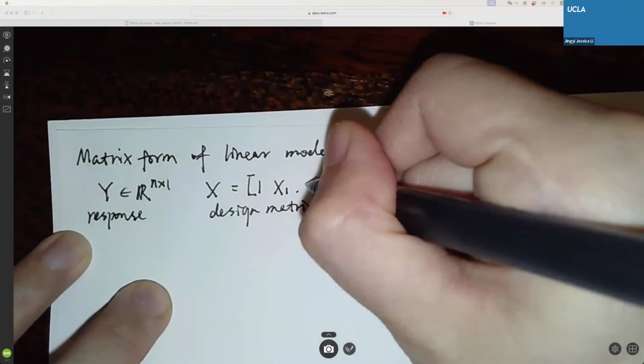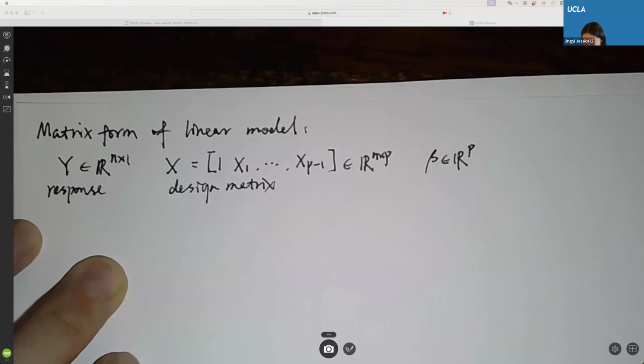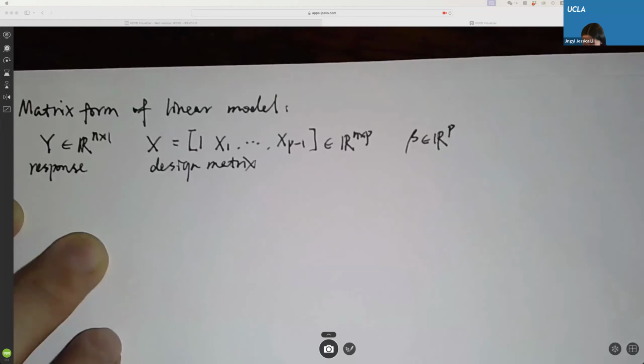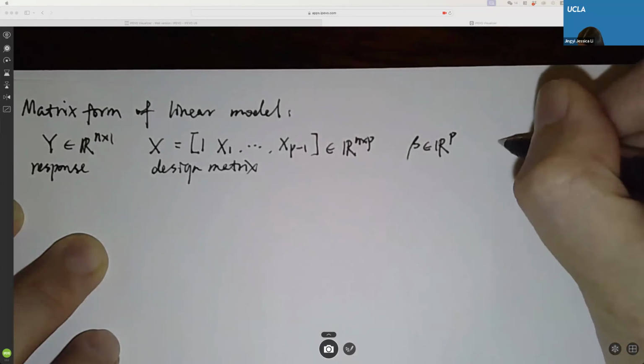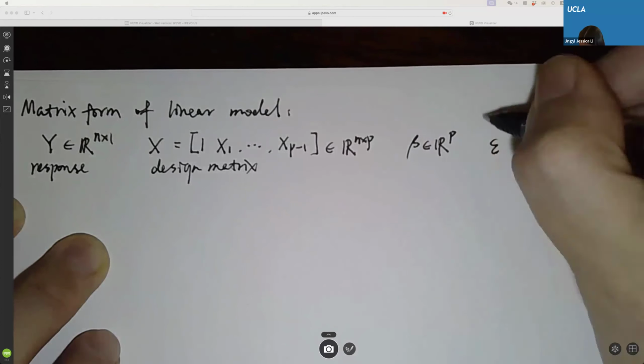And I would have a coefficient vector, beta, which is p-dimensional, with the intercept as the first entry, and then p minus 1 predictor's effect. And finally, we will have the error vector, which is n-dimensional.